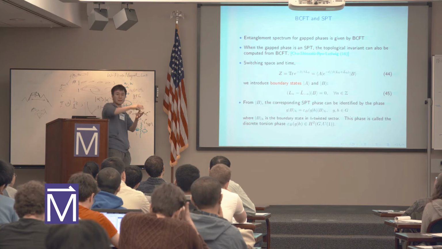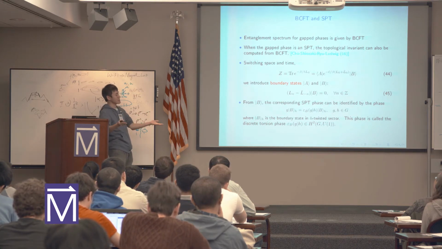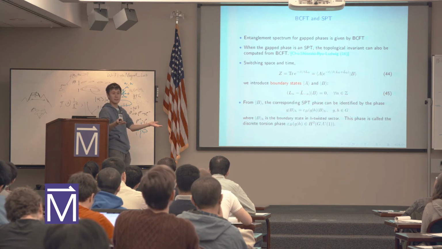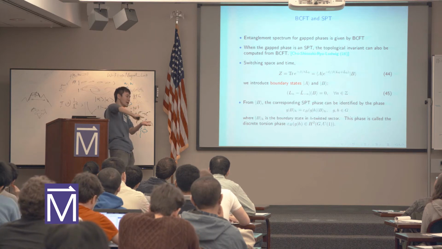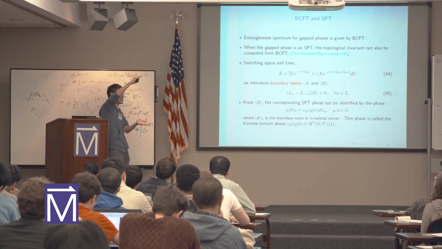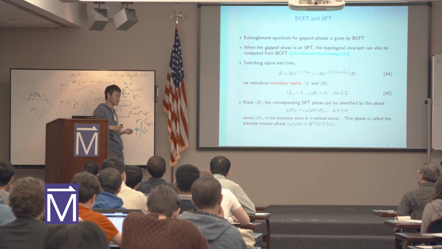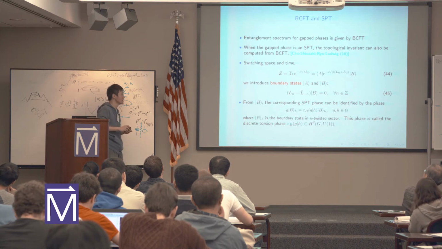Right? So that simply means that we start from a particular state, which is usually not the ground state, and then you make a time evolution, and then you end up with some particular state. So you're kind of interested in the transition amplitude from one state to the other state. Okay.